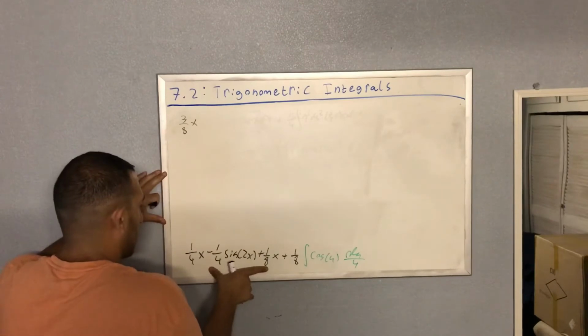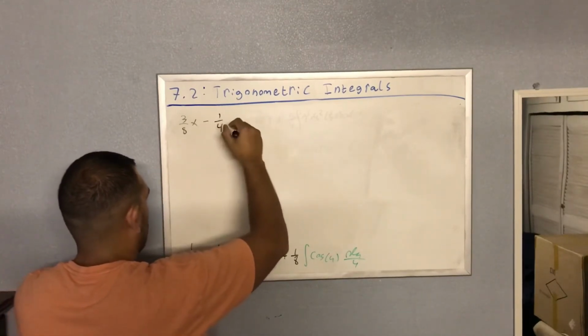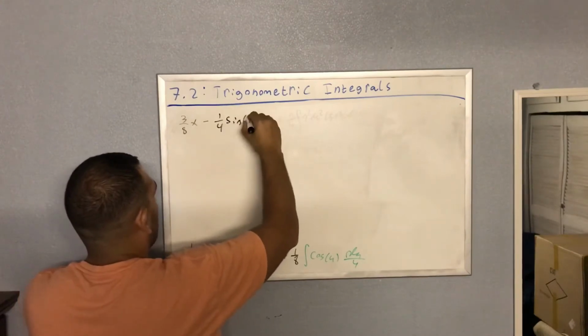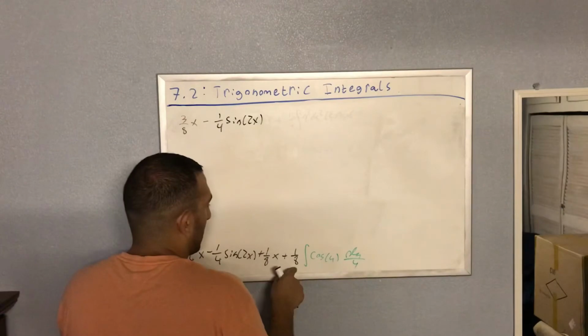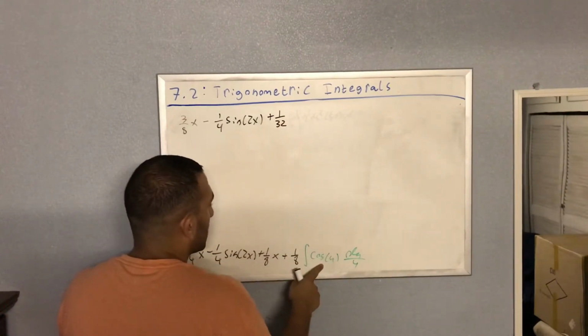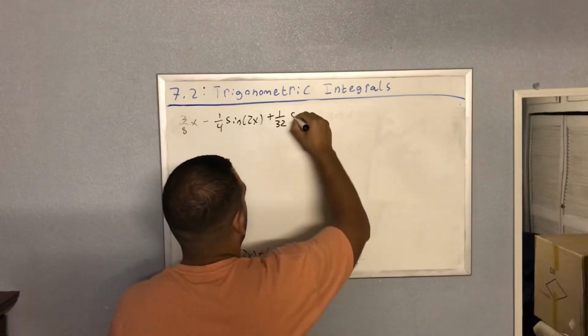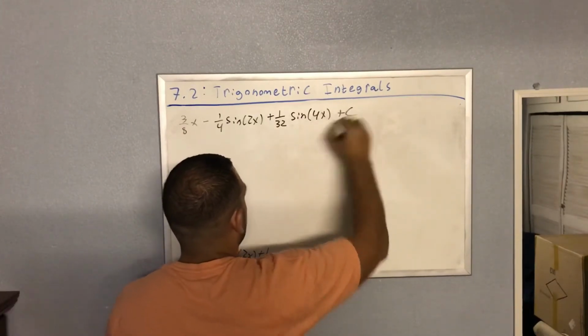These combine to give 3/8 x minus 1/4 sine 2x. And then this 1/4 times this 1/8 is a 1/32. And the integral of cosine is sine. And then our u was 4x. And so now we're done.